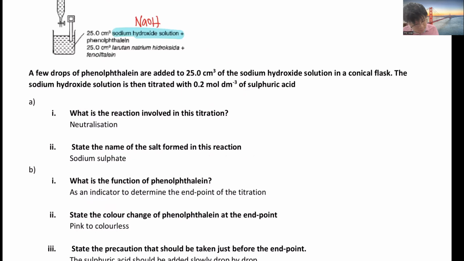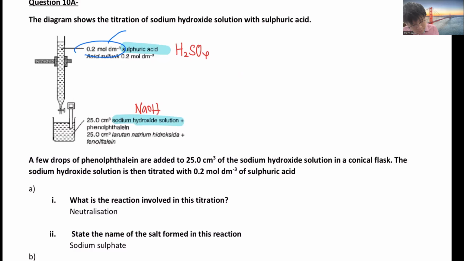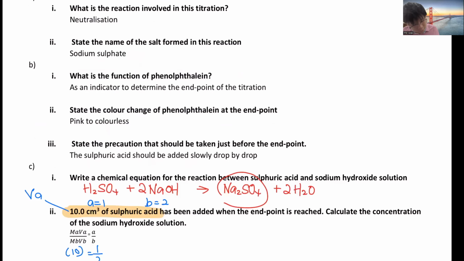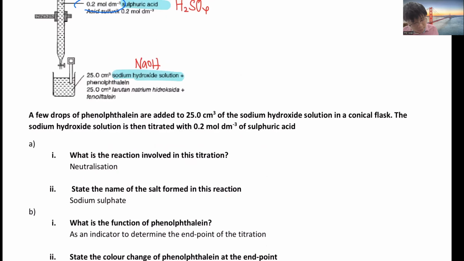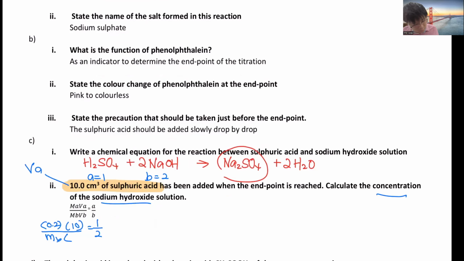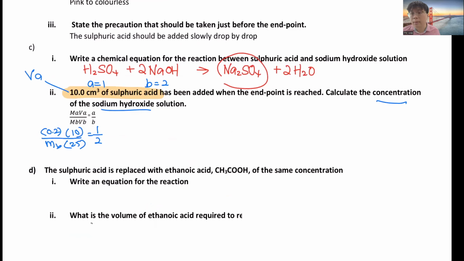Double check, MA is given here. Molarity of acid is 0.2, so we put in 0.2, divided by MB. We need to find the concentration of alkaline. Then the volume of alkaline, we check here, 25 cm³, so we put 25 cm³ here. Now you put in all the numbers, you can find your MB. So we get MB equals 0.16.